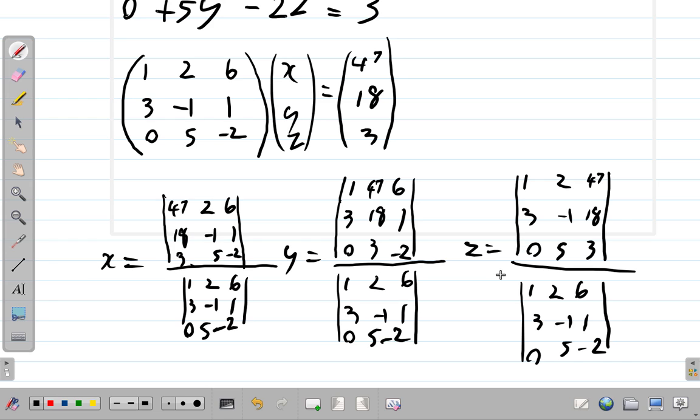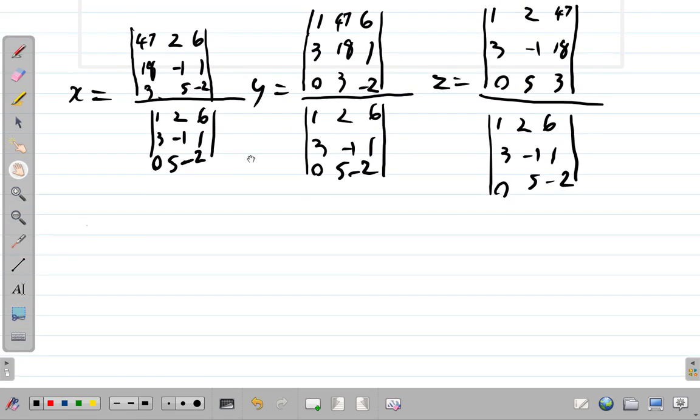Good. Now, let us see if we can find out what x will be. X equals. Now, remember, we can go across any column or down any row. Let's just go across column 1.